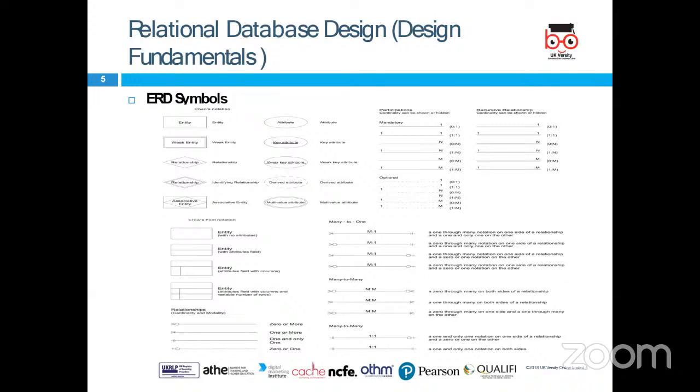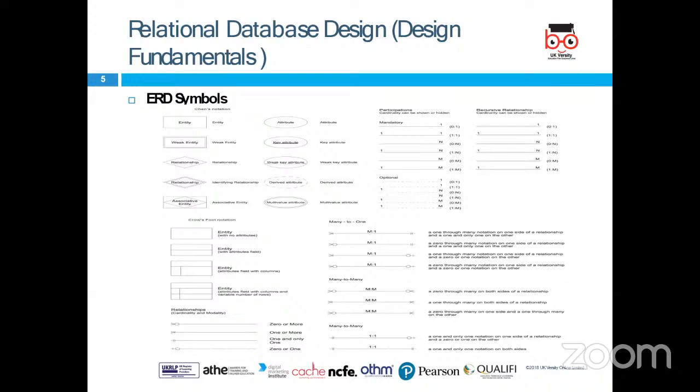So for example, we can see an entity might be represented with a rectangle. A weak entity might look like a rectangle, but it has internal lines. Also attributes have their own shape.